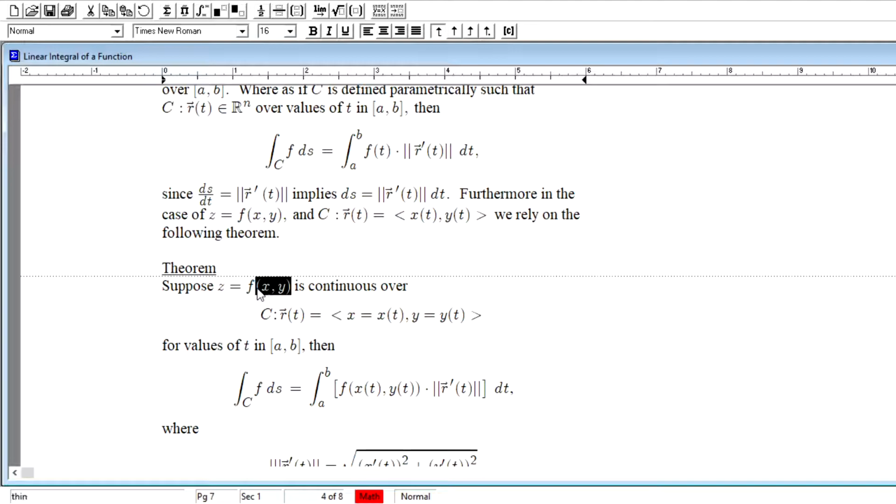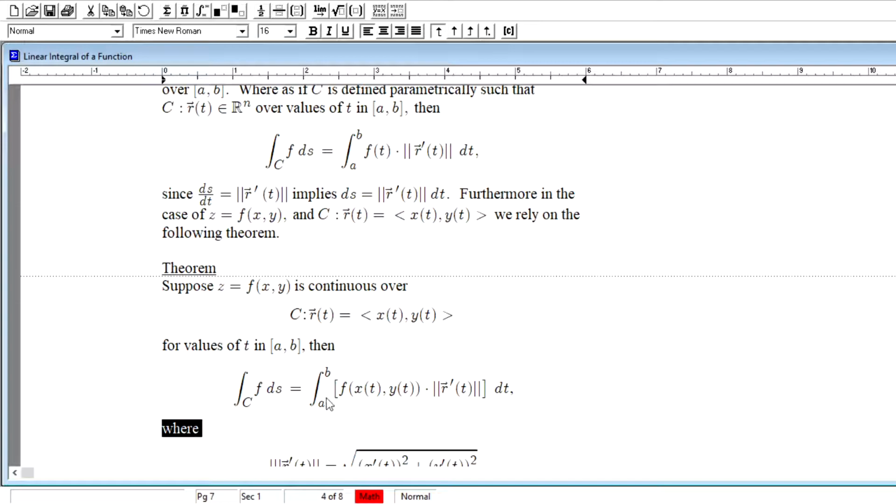This value of x in the function being replaced with x of t, this value of y in the function being replaced with y of t, x and y being replaced with their respective descriptions in terms of t. These two values seen here.